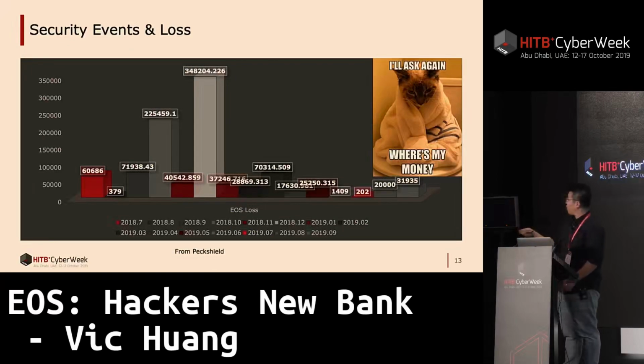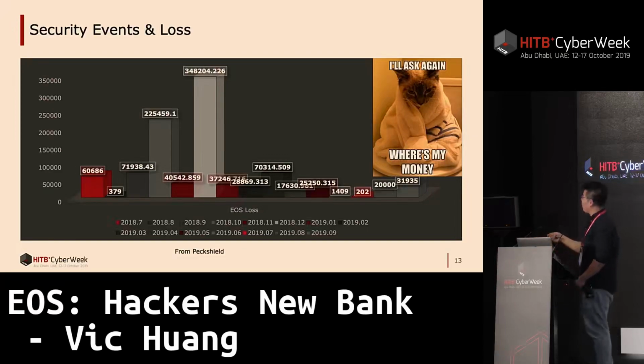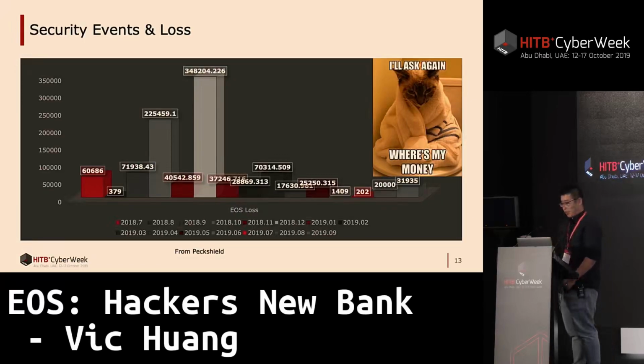And so here we'll begin to talk about security. Here are the security events and news in 2 years, because EOS began in 2018. These are the statistics from PeckShield.